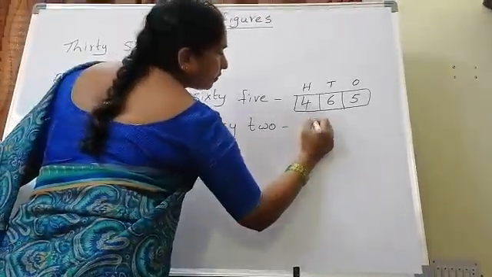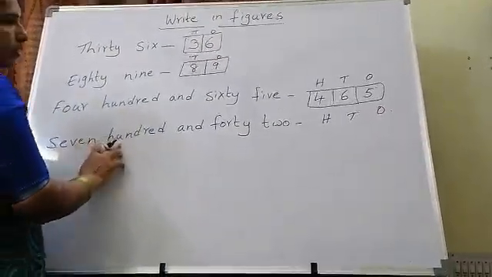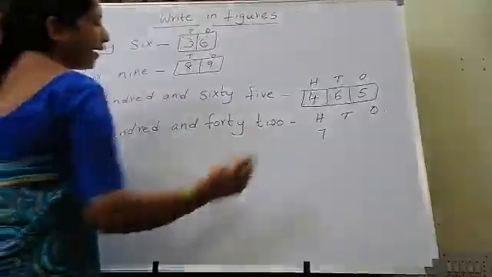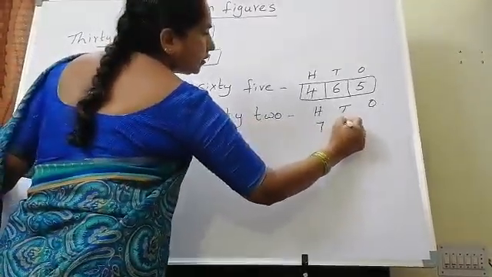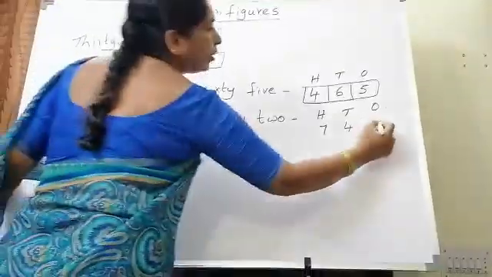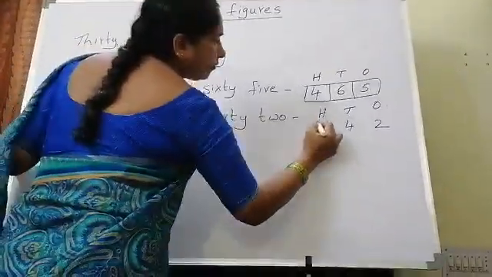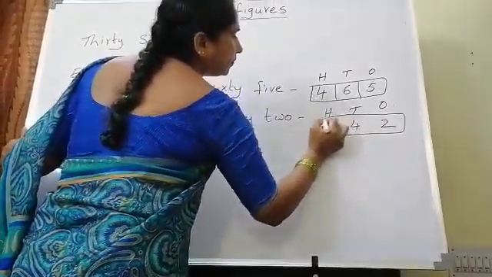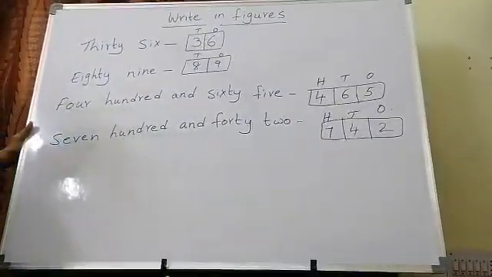Again you can write the place values: hundreds, tens, ones. 7 is in hundreds place, 700. And 42: 4 tens, 40, and 2. 742. So you have to write the number like this. Again one number, one box.